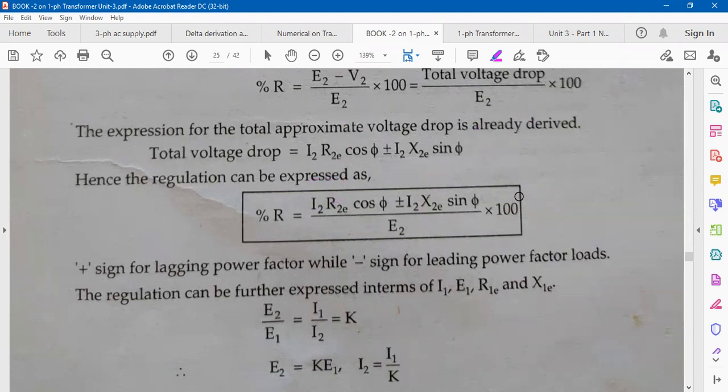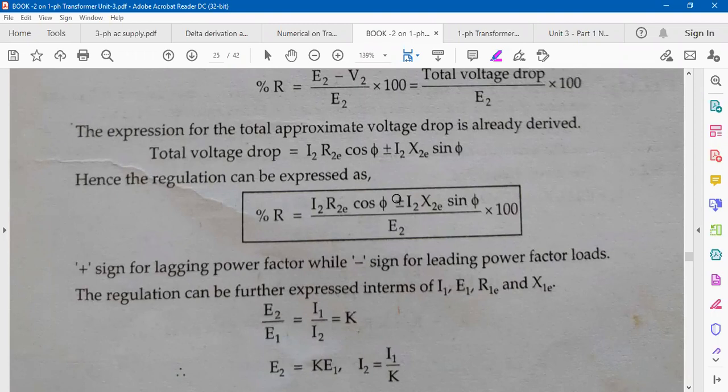Now, when to use the plus sign and when to use the minus sign. See here, in the second unit we have seen lagging power factor and leading power factor. If an inductor is there, for an inductor the current lags. We have seen that for series RL, or series RLC that is more inductive, in both cases the imaginary part of Z is positive, isn't it?